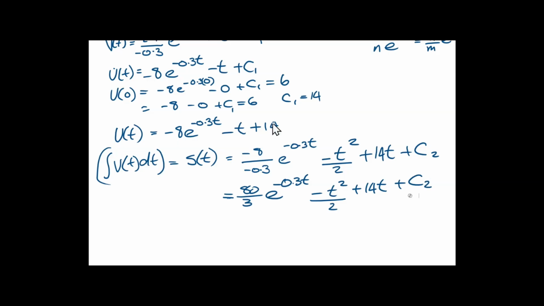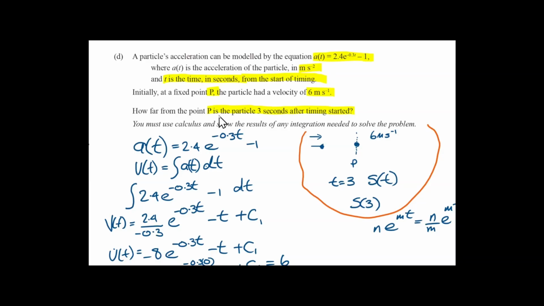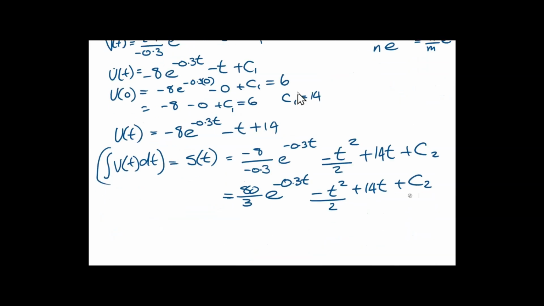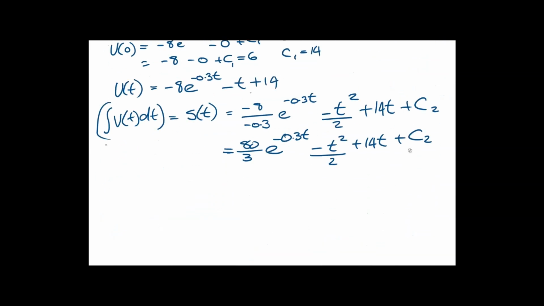And then the question, can we find c2? Initially at point B, imagine when t equals 0, we're at the fixed point. So in other words, when time equals 0, displacement equals 0 as well.